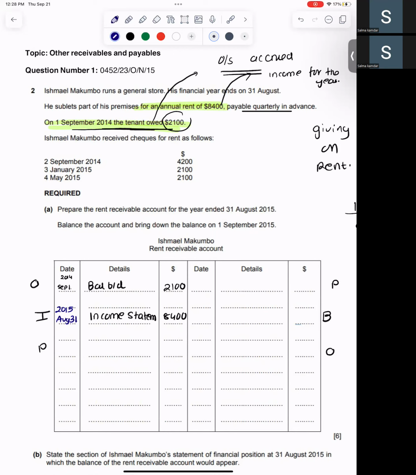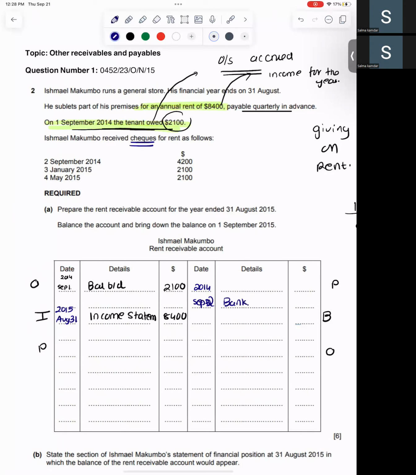Let's see. He has received cheques. He has received money. Money that is received is written on the bank side. On these dates, he has received the money. So I will write the dates of receiving the money in 2014. It is September 2. And because he has received a cheque, I will write bank.